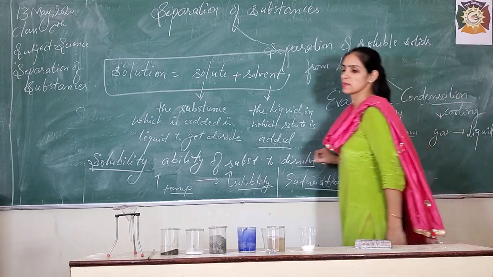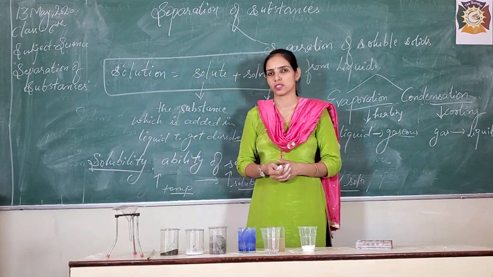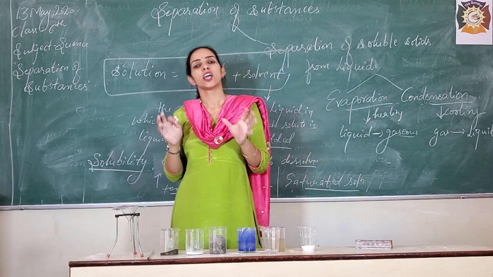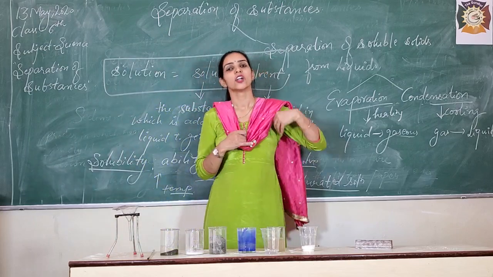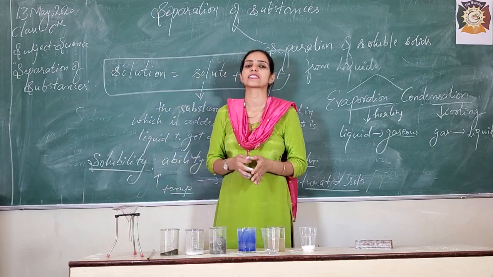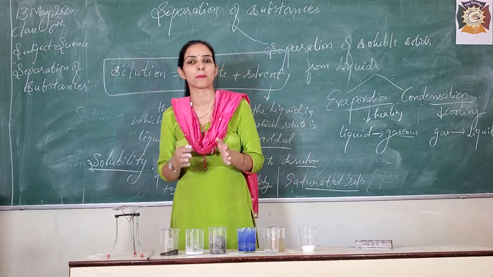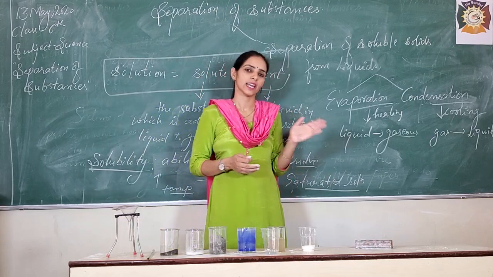If you are saying, ma'am, then for what separation can we use evaporation? Students, you all must have salt in your kitchen, right? Do you know how this salt is obtained? This salt is actually obtained by the evaporation process. How is that evaporation done? Let me explain.